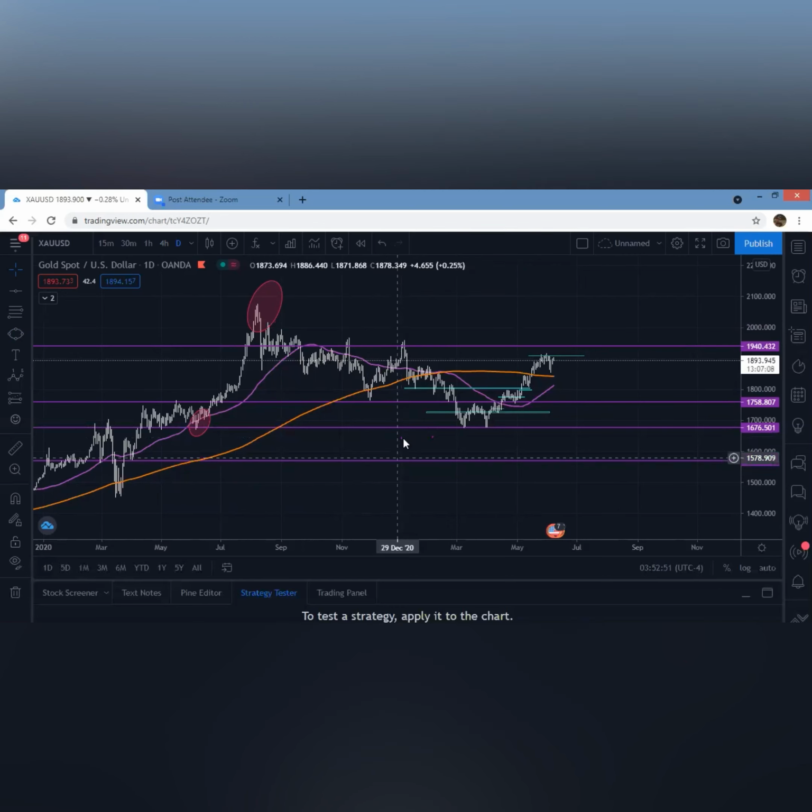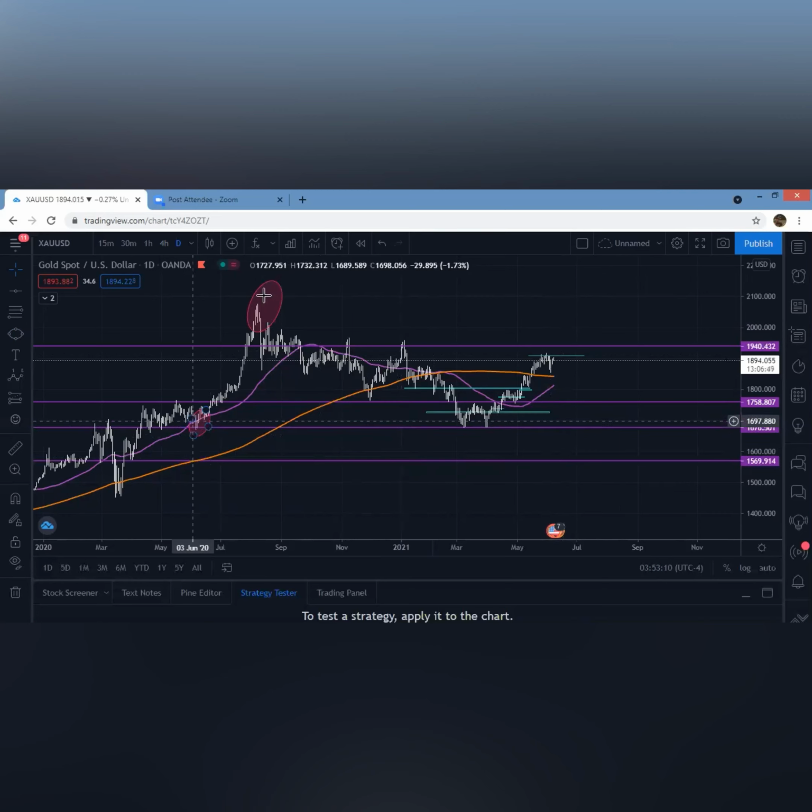So if the market is testing and retesting 75% of the time, that's how we can take advantage of that probable outcome, right?